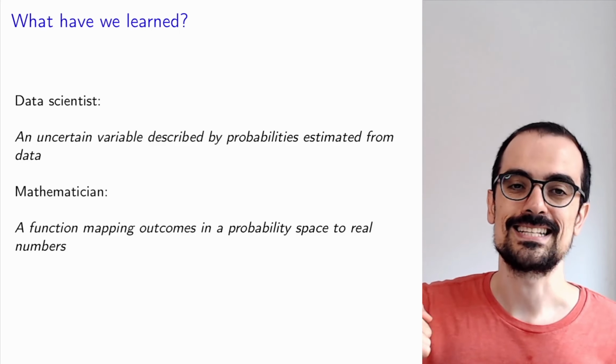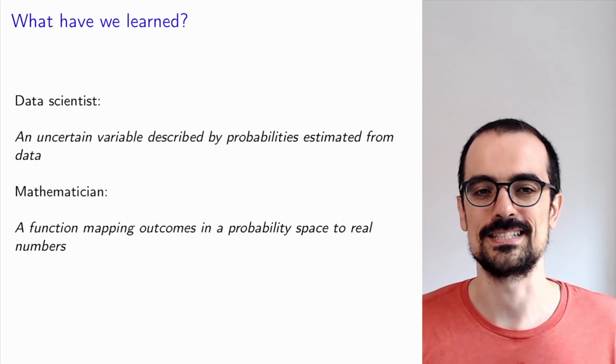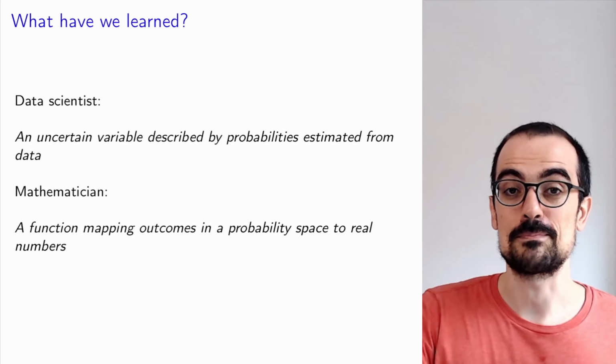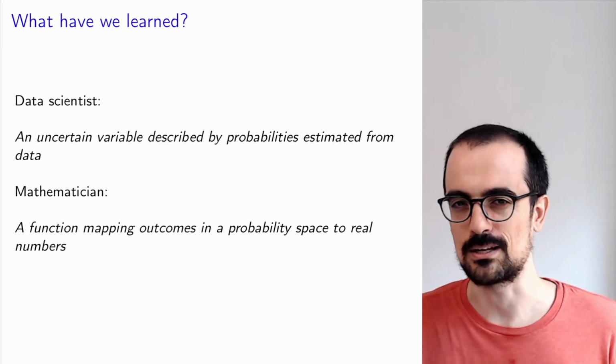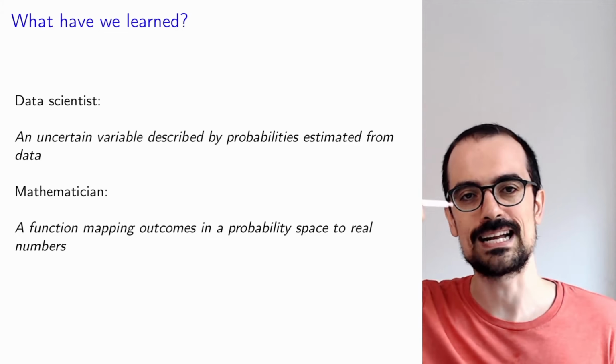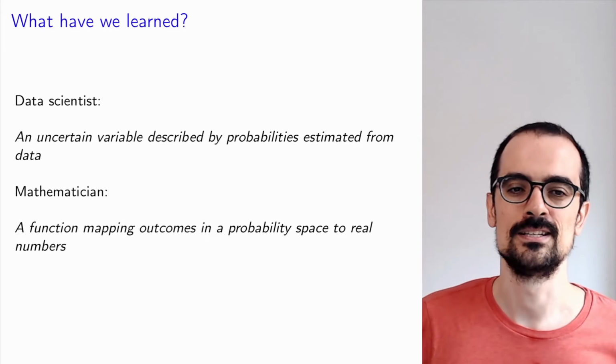Okay, so what have we learned? We have learned that the data scientist might say that a random variable is an uncertain variable described by probabilities that we estimate from data. And the mathematician is saying something that sounds completely different: it's a function mapping outcomes in a probability space to the real numbers.